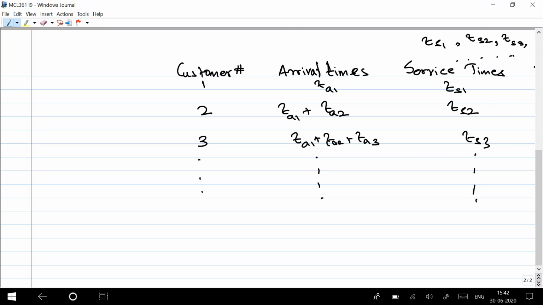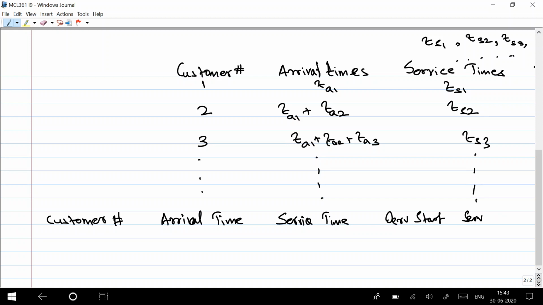Hold on, just to ensure that it's clear. It's important that you understand. Customer number, arrival time, service time, service start, and service finish.